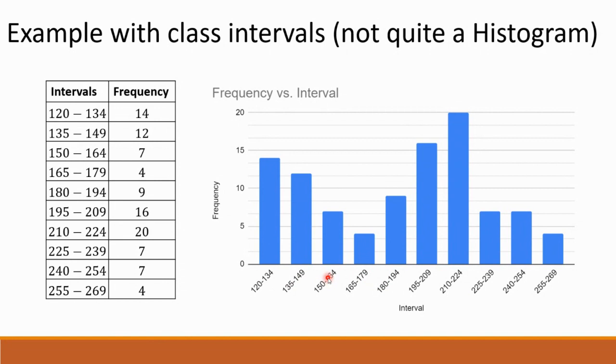It's good to keep them all the same length, though. For instance, there's 14 values in this interval, so this bar is 14 units high. Its frequency is 14. I didn't want to go too much into it. The book does another example which is similar to this. All right. Hope that wasn't too fast for anyone.